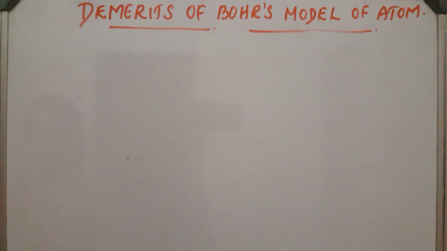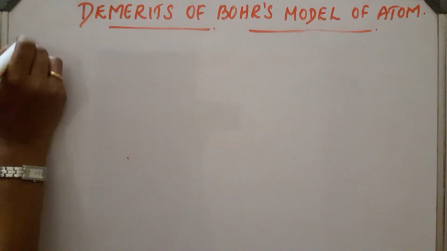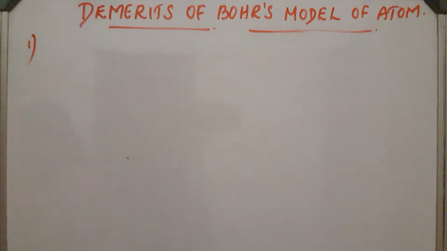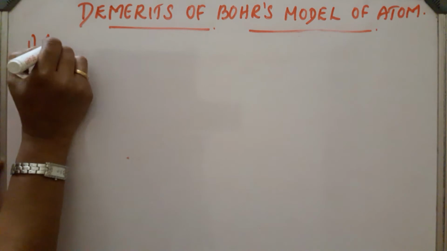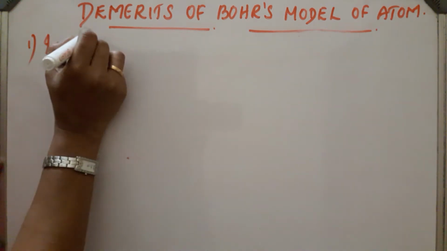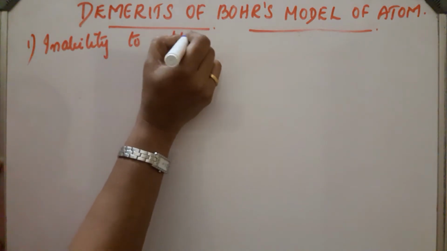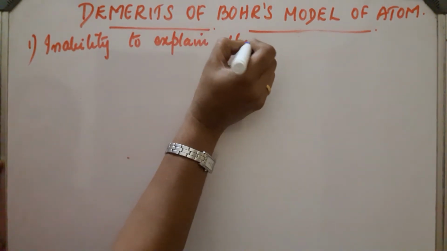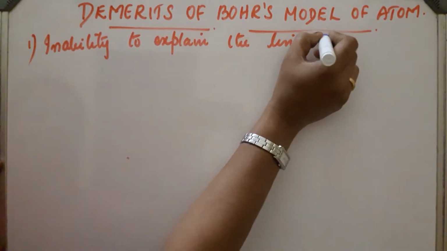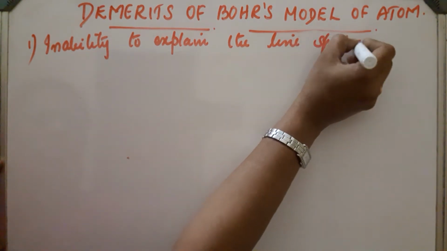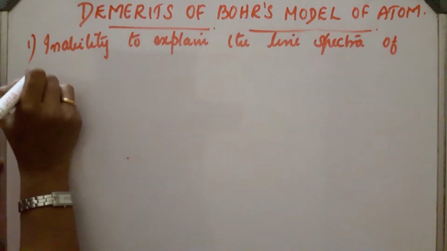Demerits of Bohr's model of atom. First point, inability to explain the line spectra of multi-electron atoms.